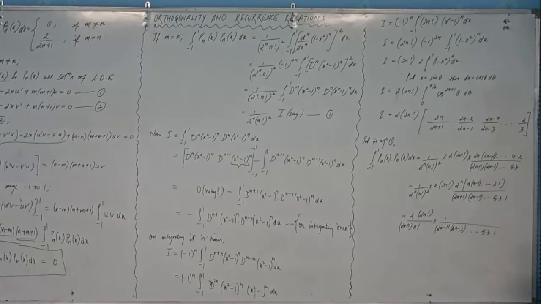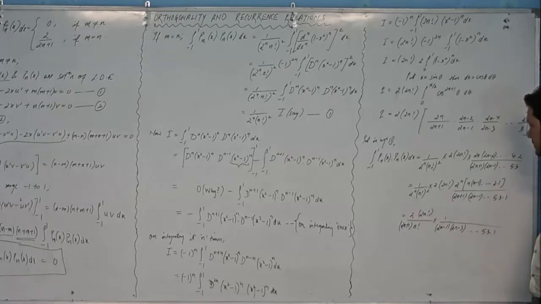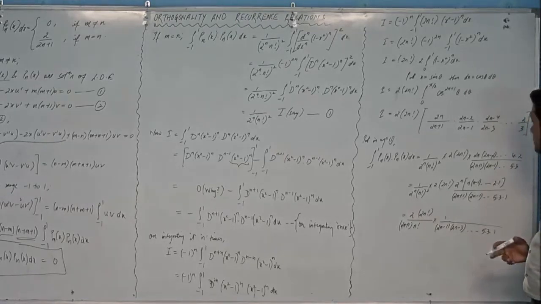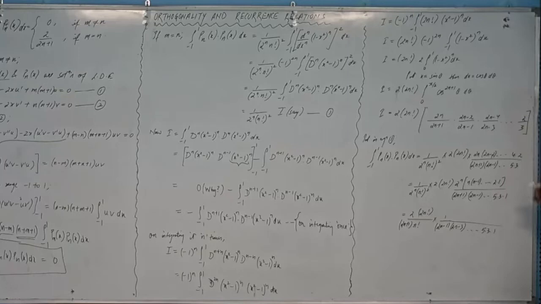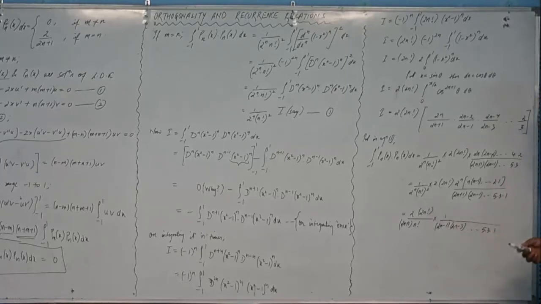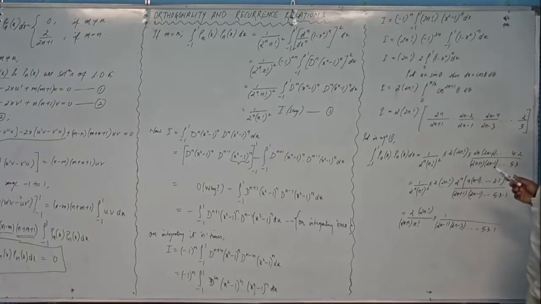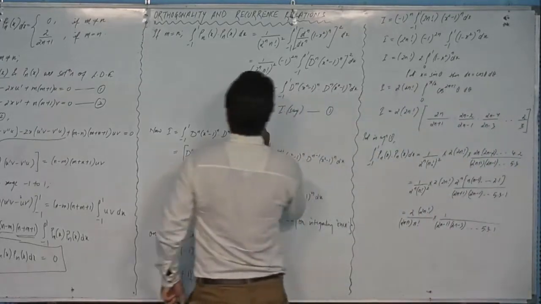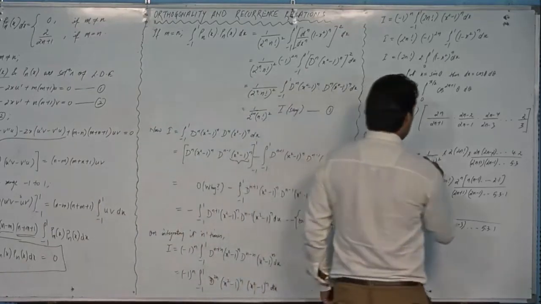Now if I apply this, all of those odd factors will be cancelled out, and 2 and 2 to the power n will again be common. And n factorial will be common. 2 to the power n, I think this was 2 to the power 2n, sorry, 2 to the power 2n.